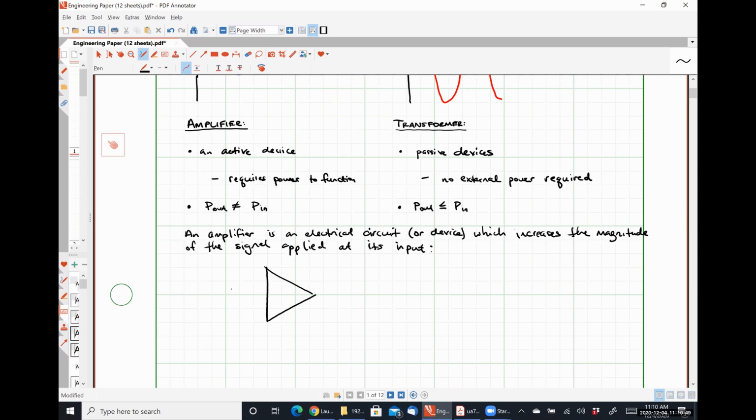So if we have some input signal x of t, we expect to get some output signal y of t is equal to A times x of t, where A is the gain of the amplifier.